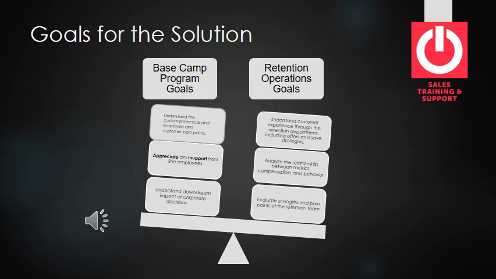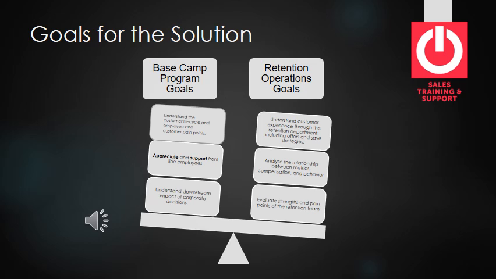On the retention operations side, we want participants to understand basic retention save flow, save tactics, different ways that we try to save customers from canceling, and the role of the retention department in the customer lifecycle. In addition, participants should analyze the relationship between metrics, compensation, and behavior, and how we use these metrics to drive behavior in a certain direction based on company goals.